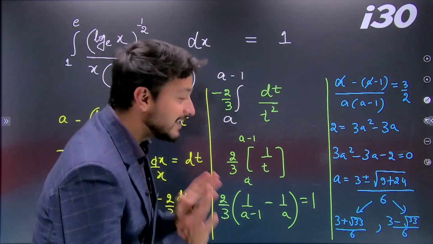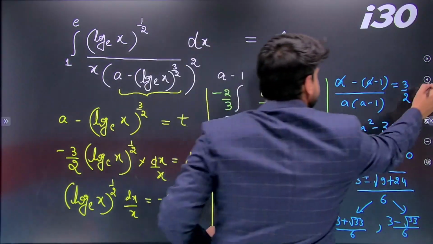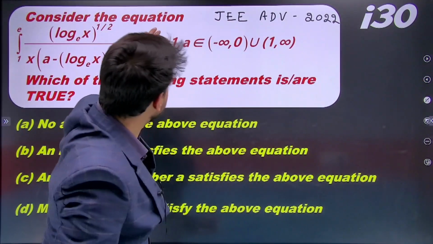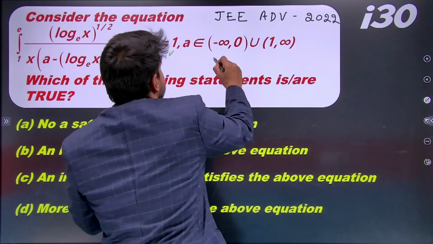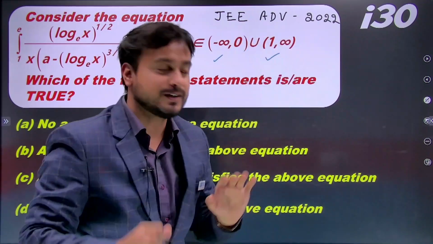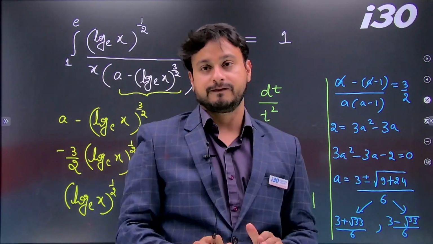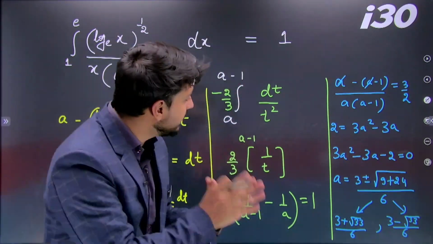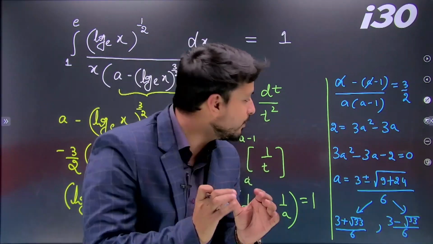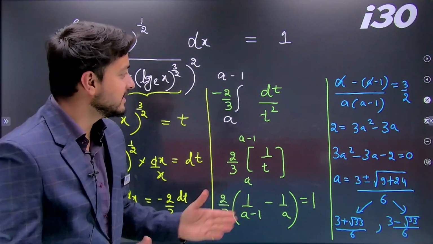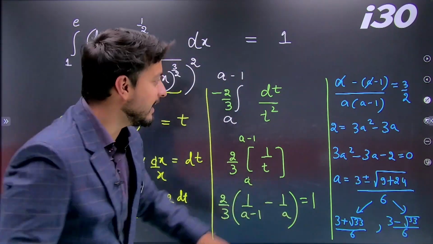Why am I telling you that? Because one value will lie in this region and one value will lie in that region, so definitely both are the values we will be taking, as they fall in the region we want. So guys, both are irrational numbers.